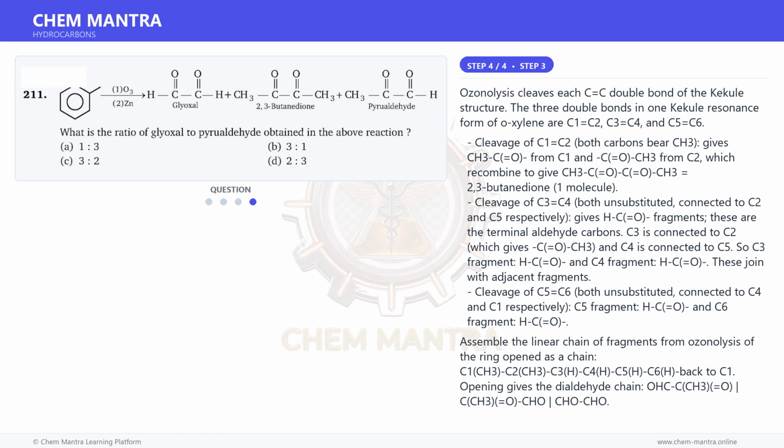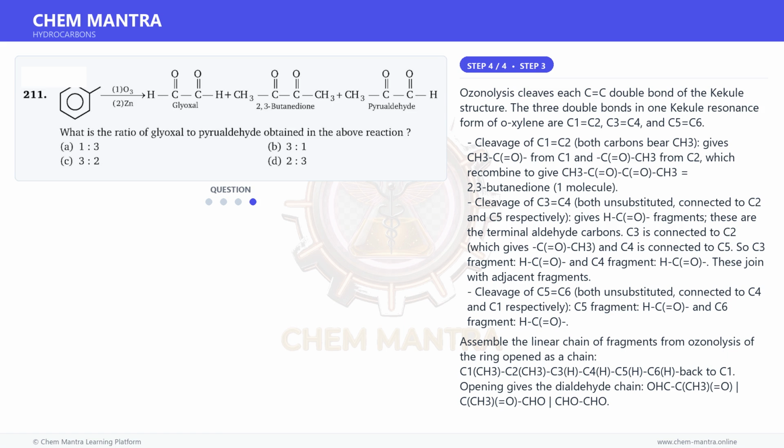C3, C4 bond cleavage, both H, OHCCHO is glyoxal, 1 mole. C5, C6 bond cleavage, H and CH3 adjacent, but we must pair C6 with C1, CH3, and C3 with C2.